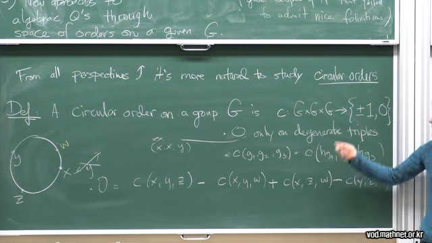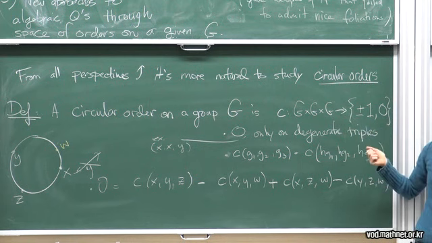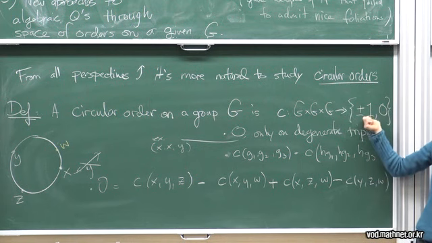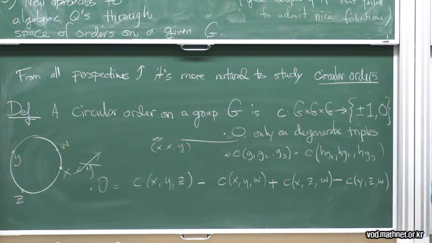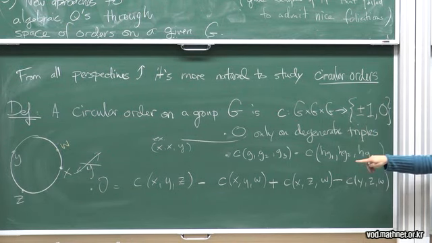So you can think of this as an element of H2G with Z coefficients, but the coefficients happen to only take special values. And an interesting question is, okay, maybe I understand the second cohomology of my group. When is there a cocycle representative that only takes the values plus, minus 1, and 0? And 0, in fact, only on degenerate triples.